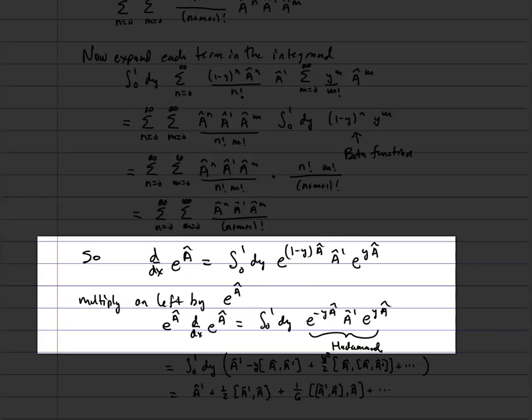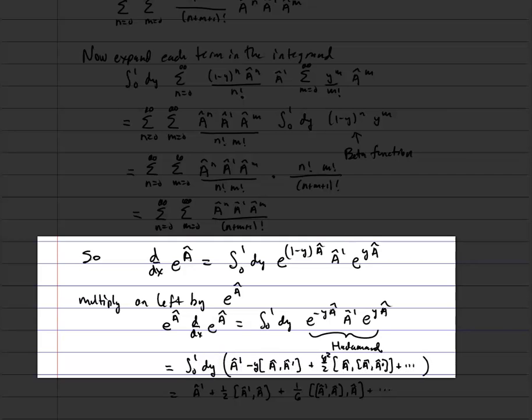Now we can recognize that we have e to the minus ya, a prime, e to the ya. That's a Hadamard. I can expand that in a Hadamard expansion. A prime minus y, commutator of a with a prime, plus y squared over 2, double nested commutator of a with a prime, and so forth. We can then just write out what those things are.